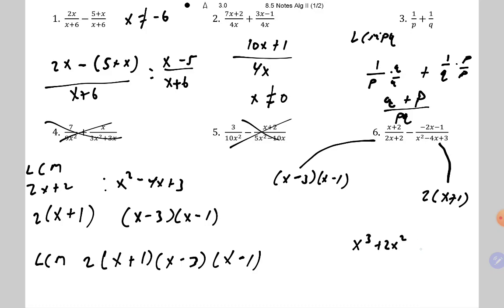x cubed plus 2x squared plus x, I think it's plus 2, divided by 2 times the quantity x plus 1, x minus 3, x minus 1.